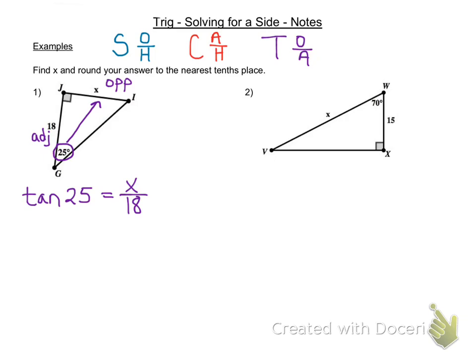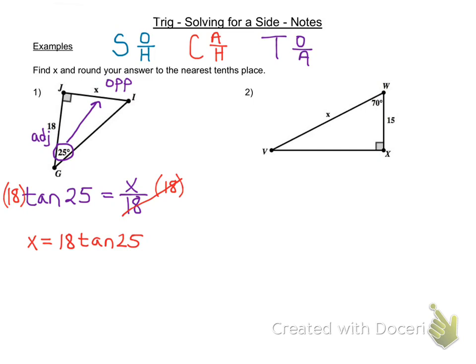Now in order to solve for x, I'm going to multiply both sides of the equation by 18. So now 18 divided by 18 cancels, and we have x equals 18 times tangent of 25 degrees.